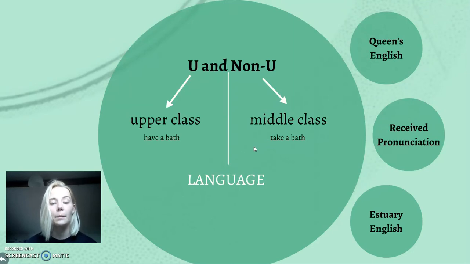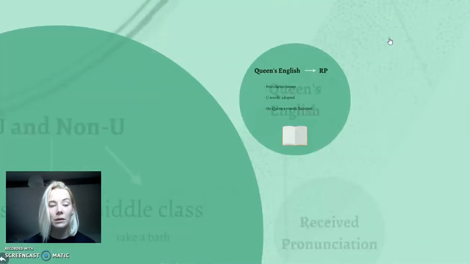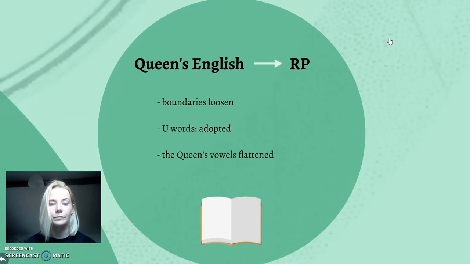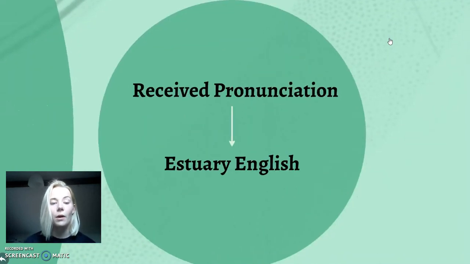Even the Queen is becoming less posh. The Queen's English is now leaning more towards RP. There's been research and her vowels flattened a lot. Also, RP is changing and is leaning more towards estuary English, which you can locate between RP and Cockney.